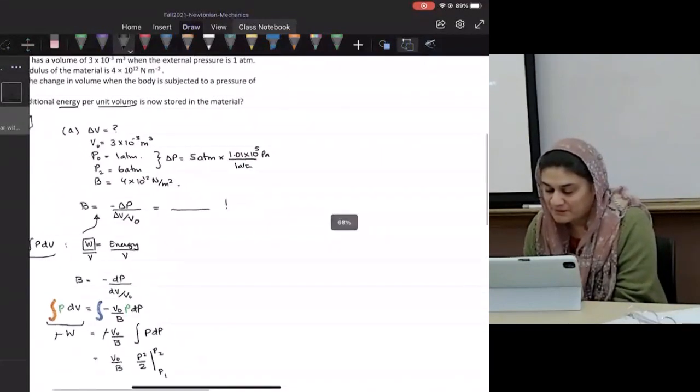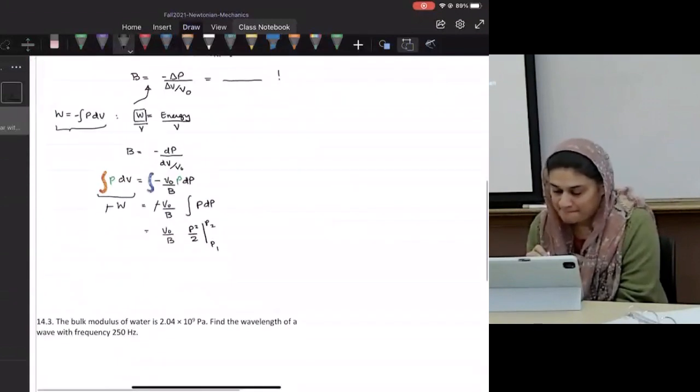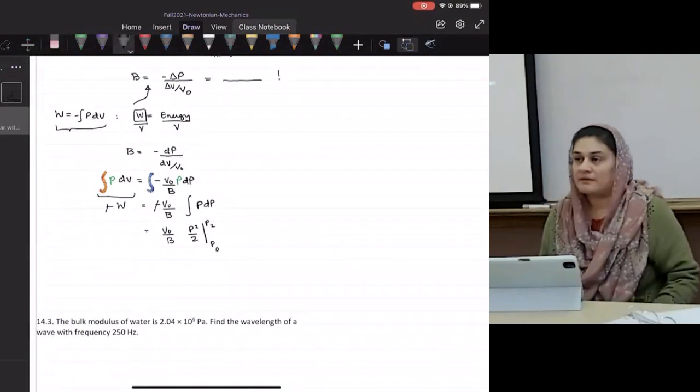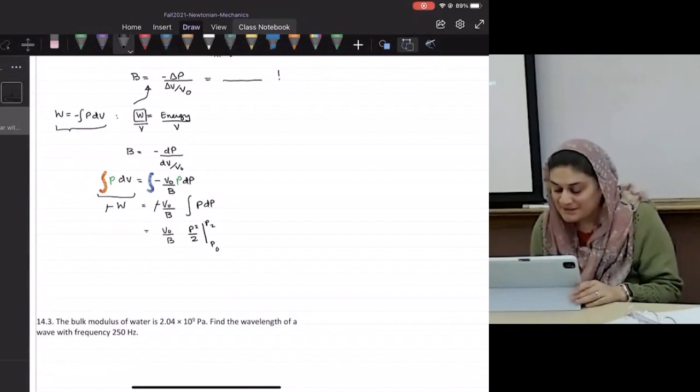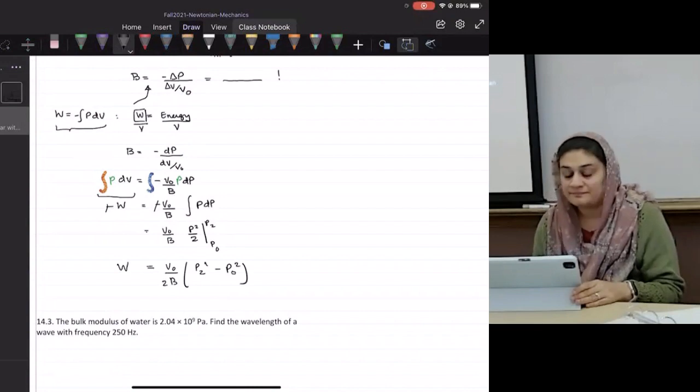I just want to make sure I don't mess it up. So P0, it was 1 atm, right? So it was this. Okay, so then that means I could just write V0 over 2B, P2 squared minus P0 squared equals work.